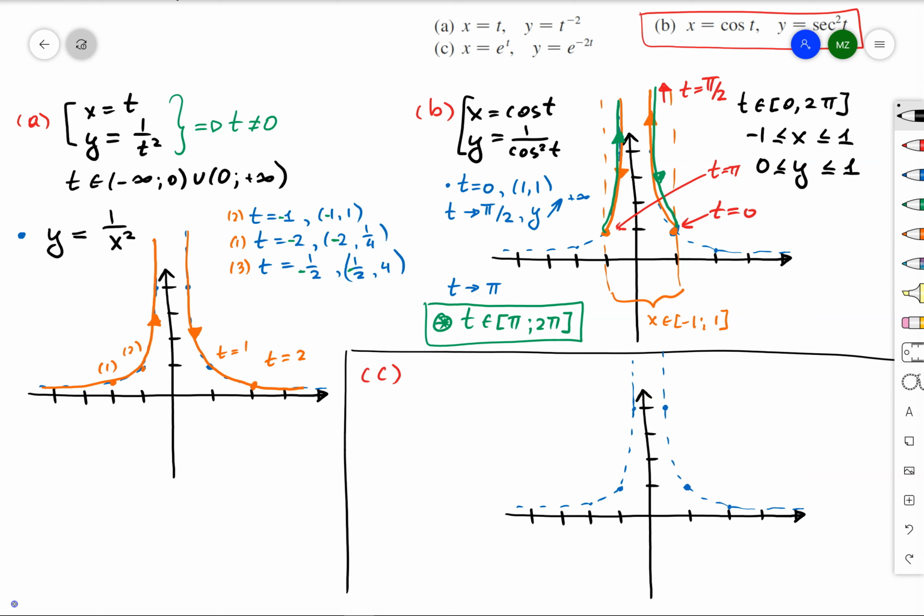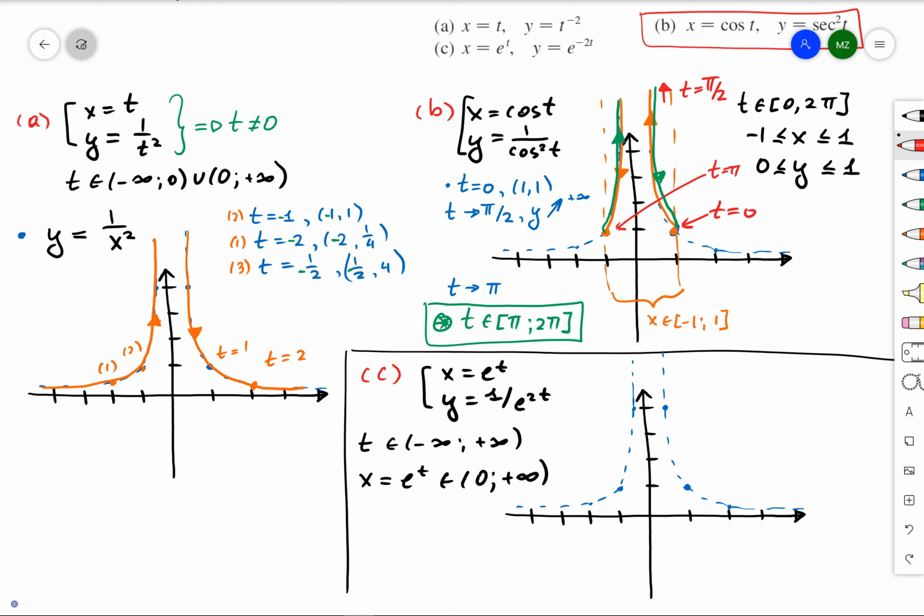And finally, let's do parameterization C, where x is equal to e to the t and y is equal to 1 over e to the 2t. So first observe that when t changes from negative infinity to positive infinity, our exponent is always positive, or in other words, x is strictly bigger than 0. So that's why we're going to cover only the right branch of our function.